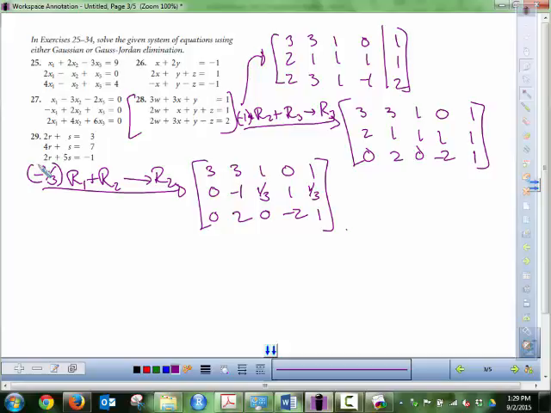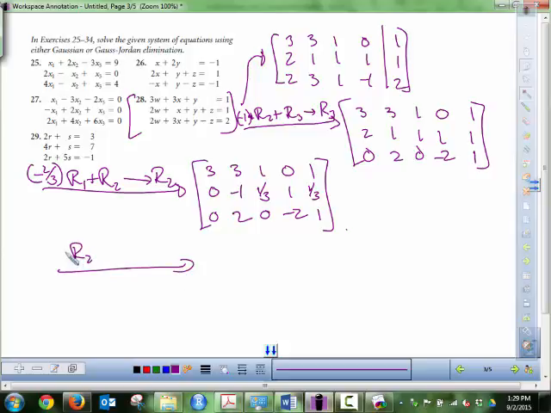Okay, so it looks like since we have 3 equations, we just need to get rid of one more. So let's get rid of this one more. This is a 2, and this is a -1. So I think I just multiply the second row by 2, right?